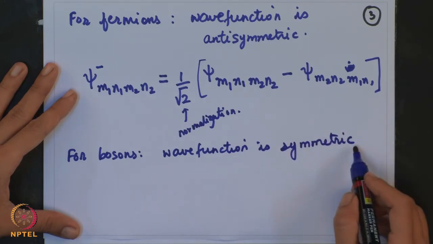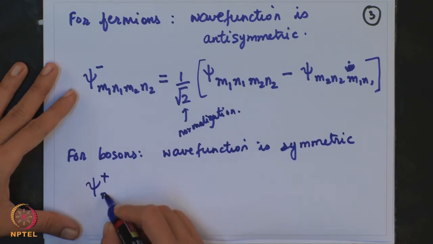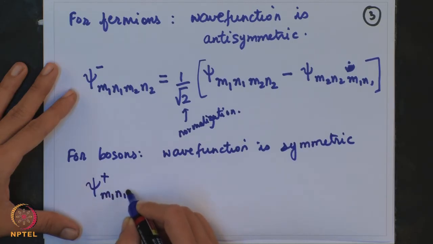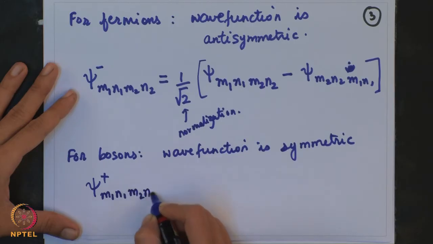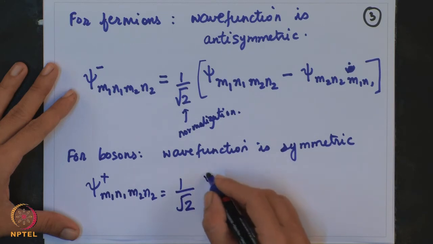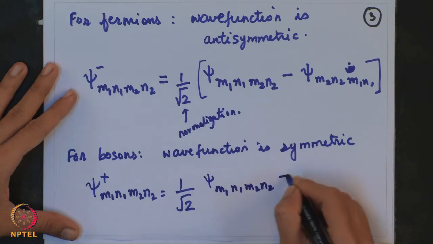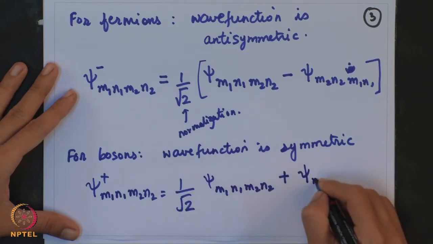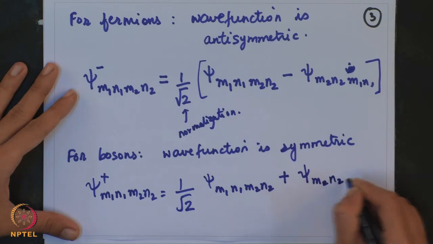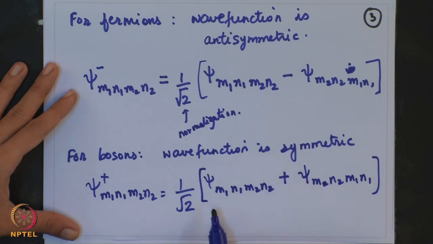When the wave function is symmetric, we represent it by a plus sign: psi m1 n1 m2 n2 will be 1 over square root of 2 times psi m1 n1 m2 n2 plus psi m2 n2 m1 n1. So if you interchange particle 1 by particle 2, there is no change in sign, it will remain symmetric.